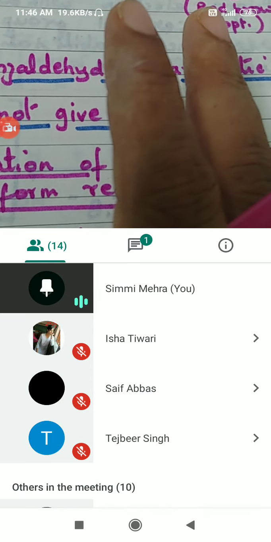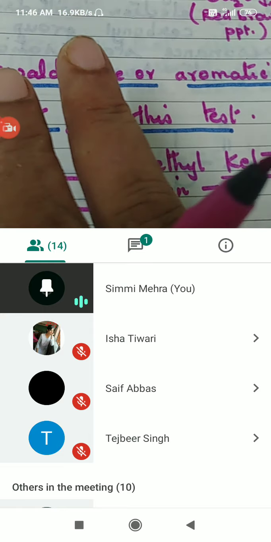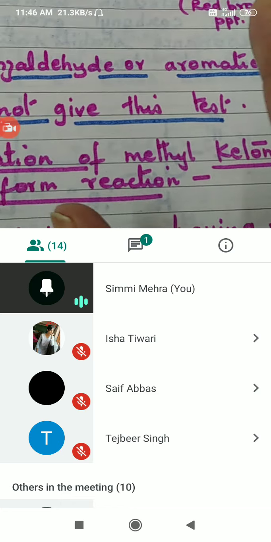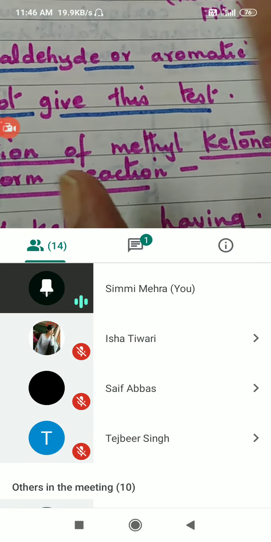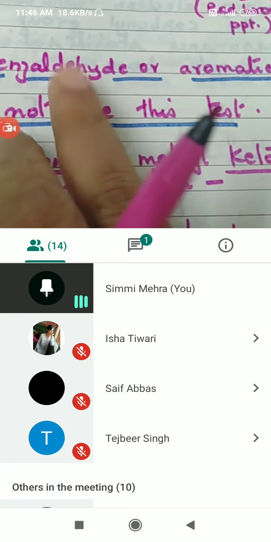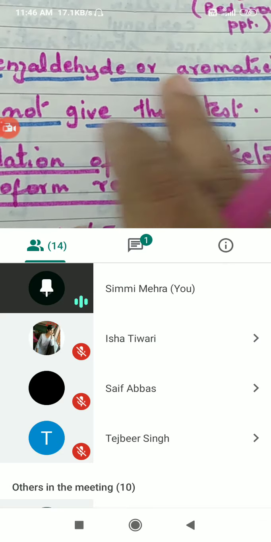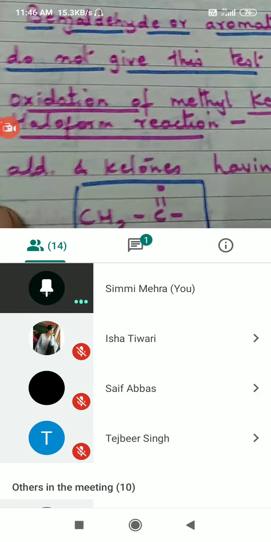Suppose you have to distinguish between benzaldehyde and formaldehyde, or benzaldehyde and acetaldehyde. Acetaldehyde will give you Fehling's test. It will also give you Tollens' test, but your benzaldehyde is not going to give you Fehling's test. So Fehling's test will be used to distinguish between benzaldehyde and acetaldehyde.